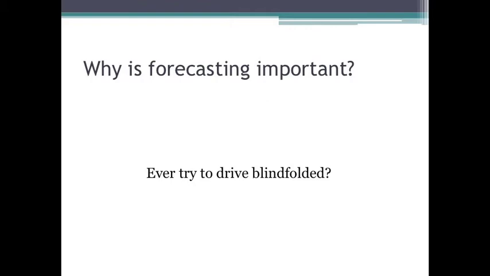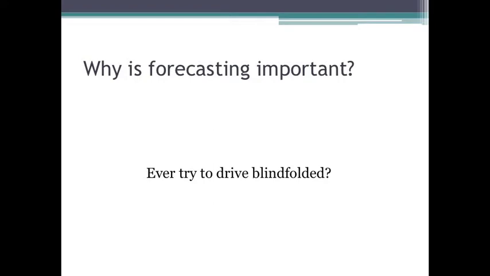So, why is forecasting important? Well, this is not something I recommend. In fact, do not try this at home or anywhere else for that matter. Don't try to drive blindfolded. What'll happen if you do? You're likely to wreck, right? Well, going through business without forecasting what the future holds is much the same way.